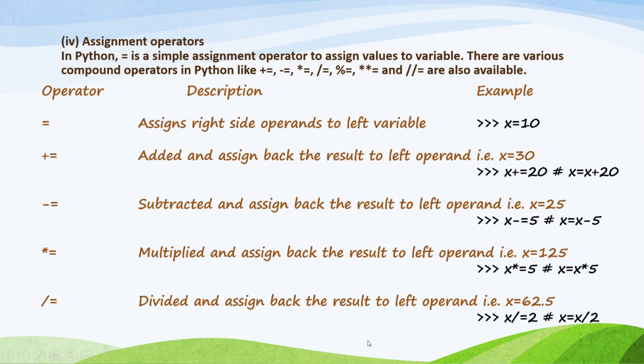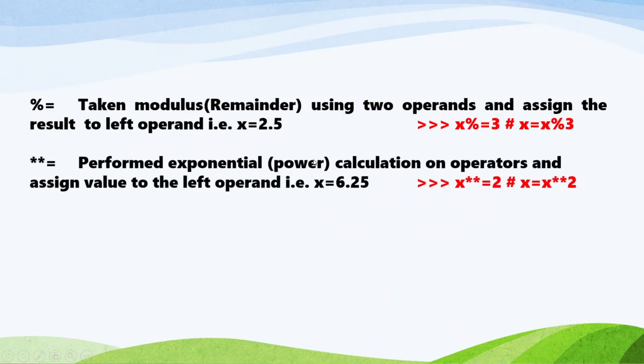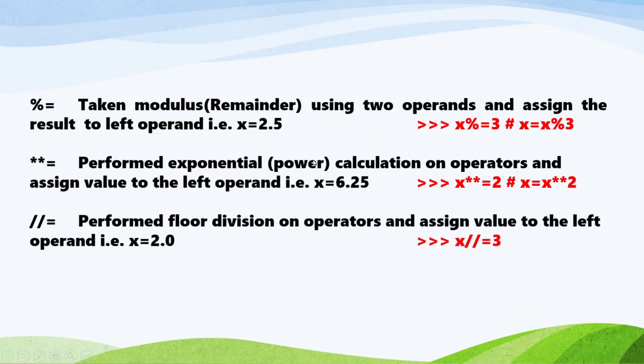The remaining also will be taking place in the same manner. Modulus I have told you already, it takes the remainder. So you will be getting the remainder as the answer. Power, you will be getting the power of those values. Floor, normal division.